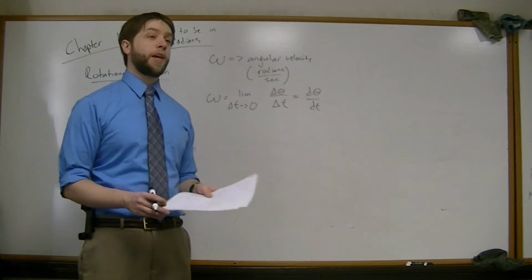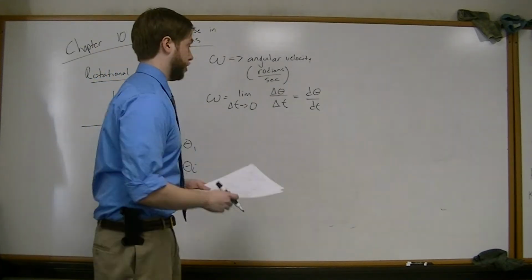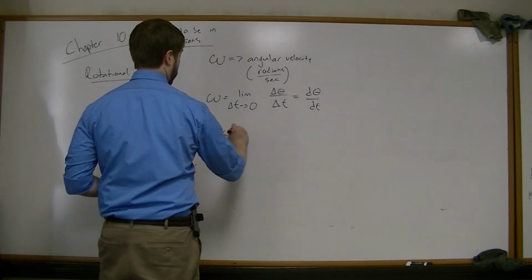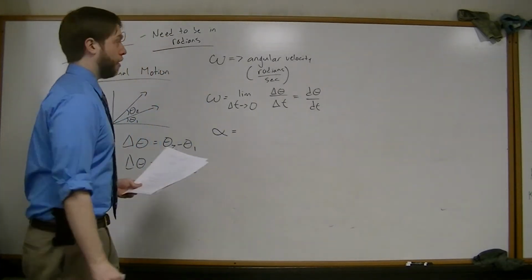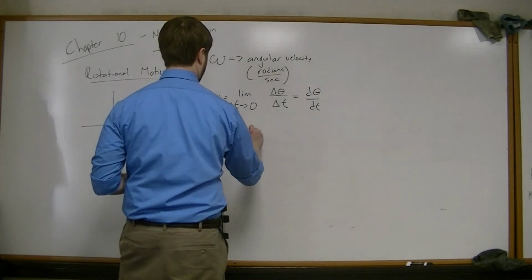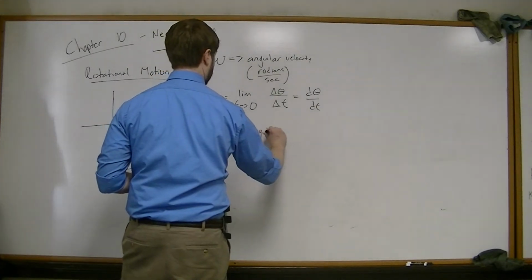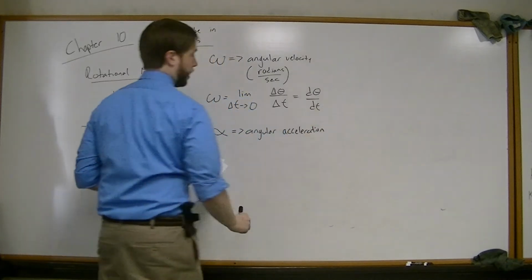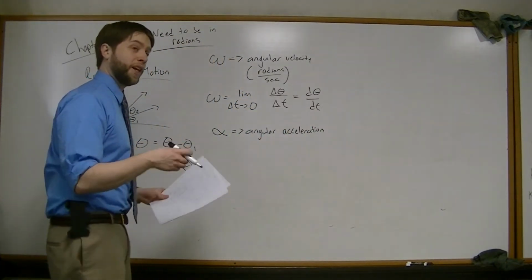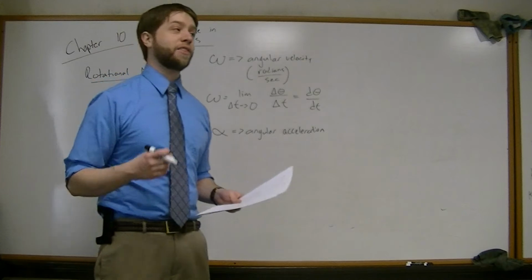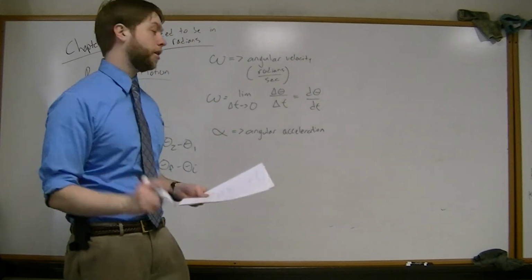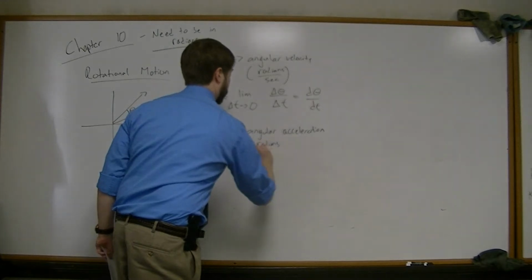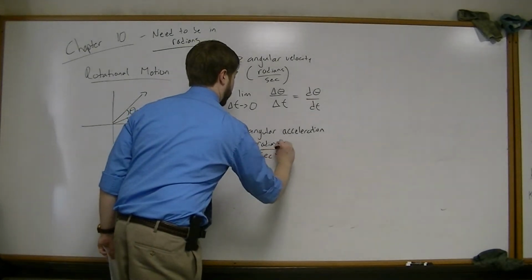Now we're going to do the same thing for angular acceleration. Angular acceleration is given by the Greek letter alpha. And that is given in much the same way that regular acceleration in kinematics is given by meters per second squared. This is going to be given in radians per second squared.